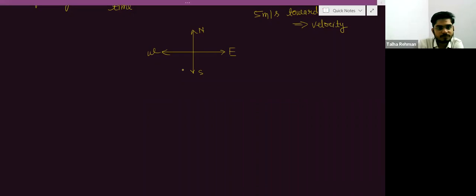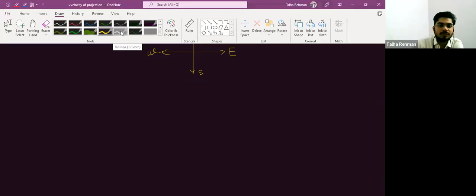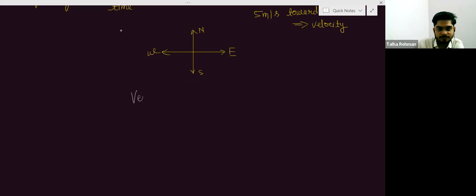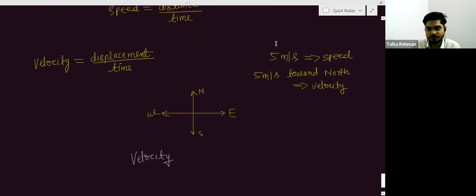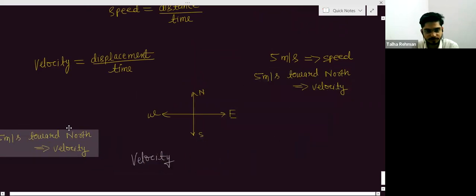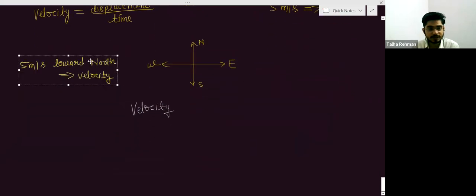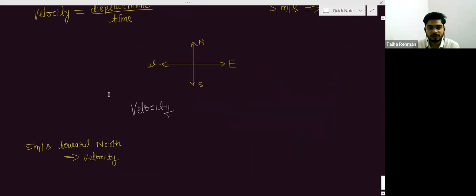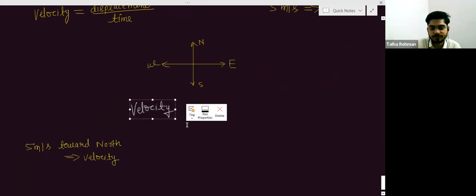So basically if I am saying 5 meter per second towards north, remember this point. This point is very important, related to velocity.